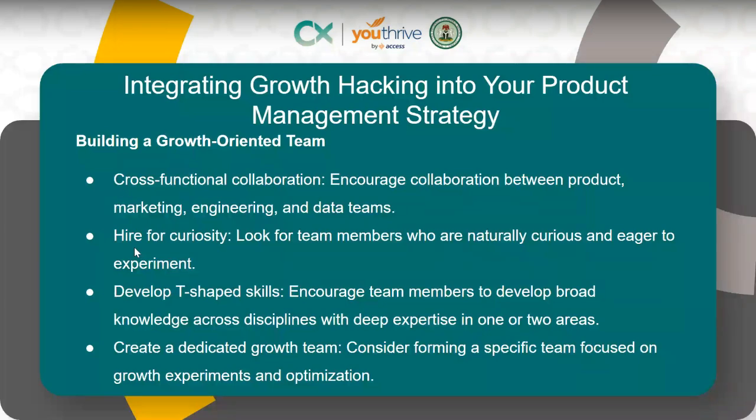All right. So first thing is cross-functional collaboration. Encourage collaboration between product, marketing, engineering, and data teams. Very important, right? Because there are some ideas that your product needs that the only team that can bring you light into that is the marketing team.